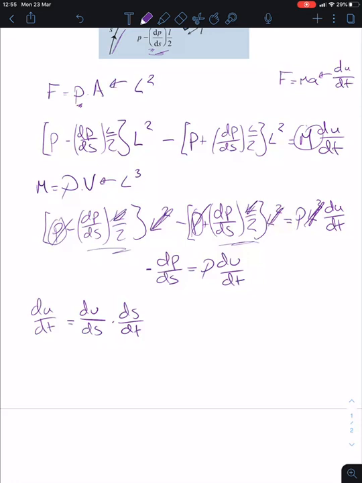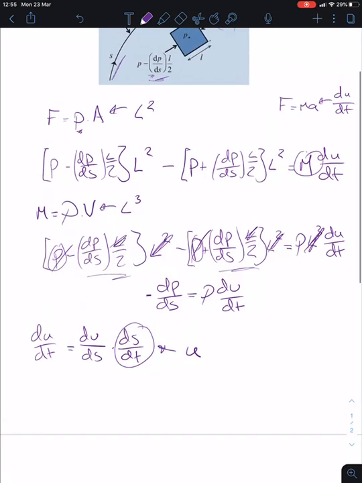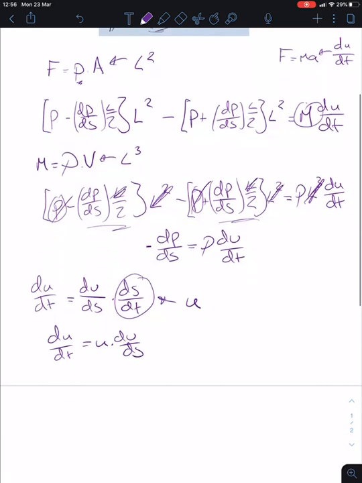What to recognise here is that ds by dt is u, because as we travel along the streamline, ds by dt is the velocity along that streamline. So this means that we can rewrite du by dt as u times du by ds.